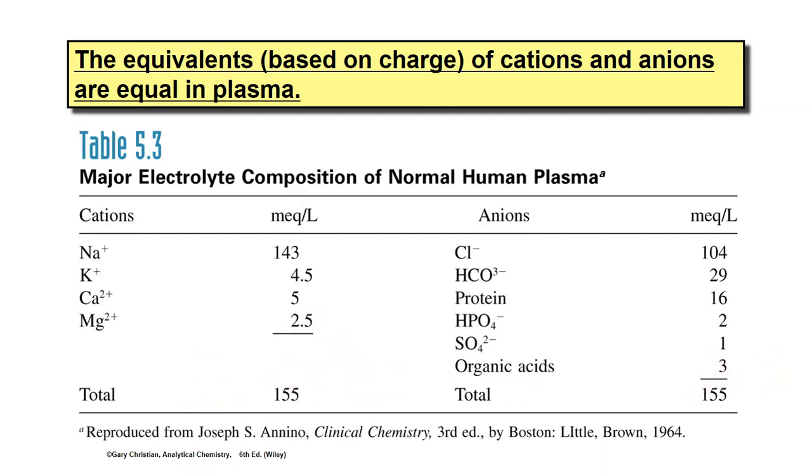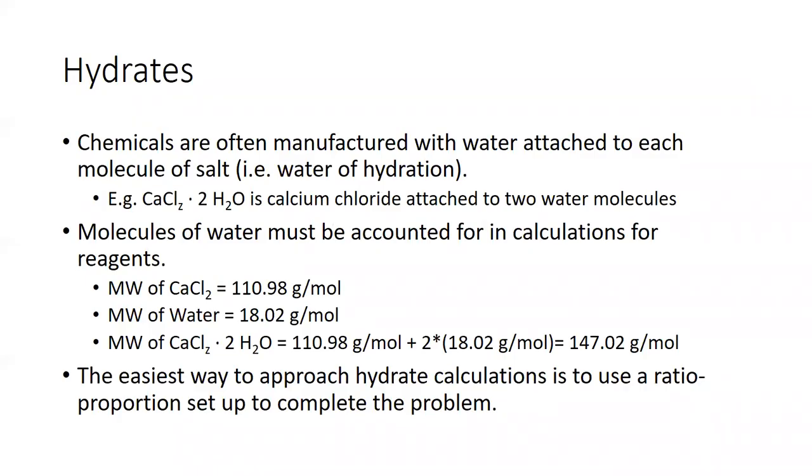So you'll often see, and when you learn about clinical chemistry next semester, that the major electrolytes such as sodium, potassium, and chloride are reported in milliequivalents per liter rather than millimoles per liter. But millimoles per liter and milliequivalents per liter are actually the same for sodium, potassium, and chloride, or anything that only has one charge, whether that's negative or positive. So, fun fact.